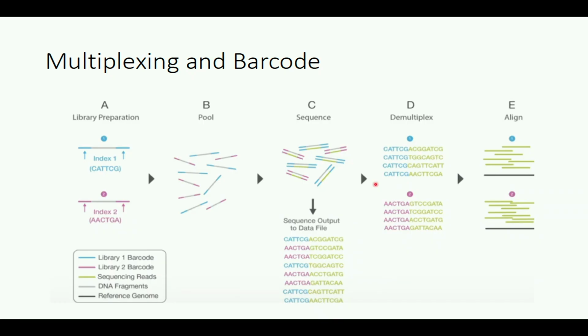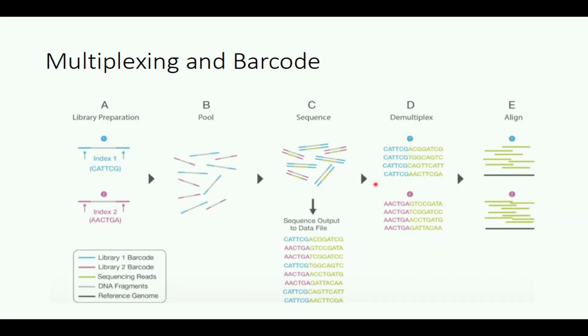And a lot of the time we don't want to just do one sequencing on one type of cells or single samples. We actually want to make use of this high-throughput capacity. And what a lot of people do is called multiplexing, where you mix samples from maybe different cell types or different humans or different libraries.